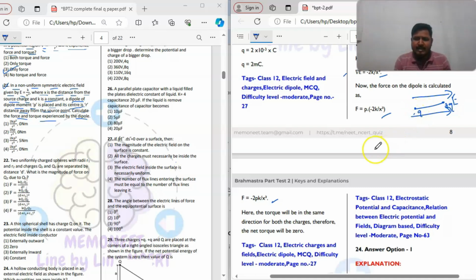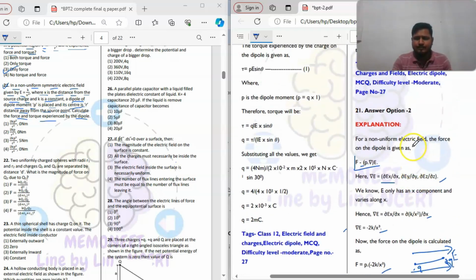So what is the angle between the electric field and the dipole? The angle between the electric field and the dipole is 0. So the net torque will be equal to 0, right? So our second option will be the correct option.